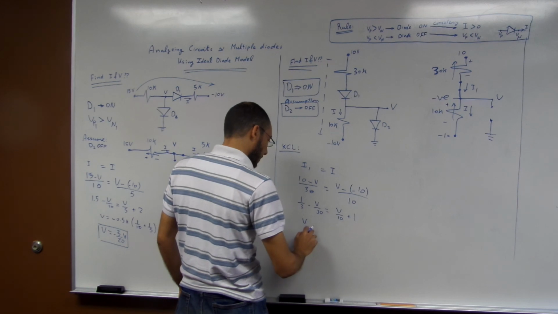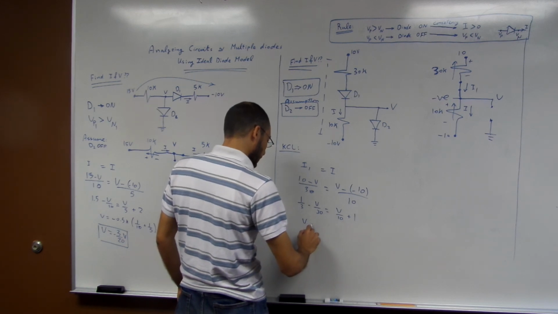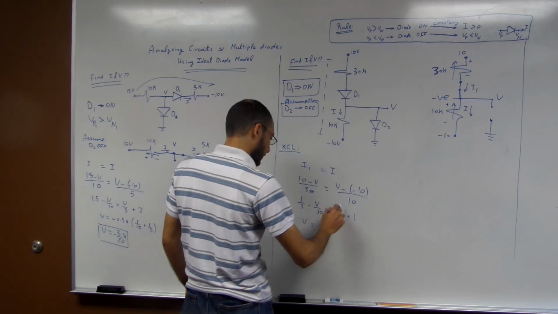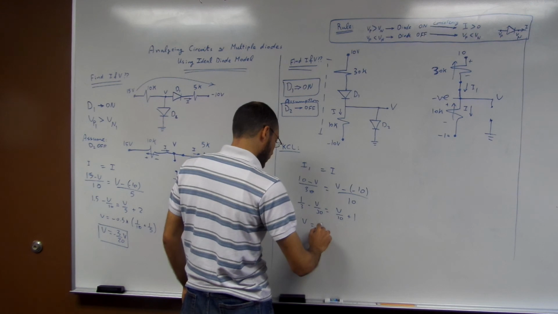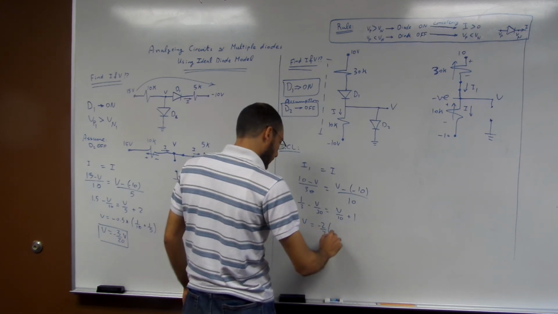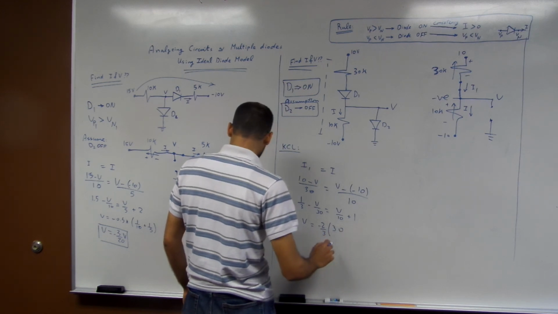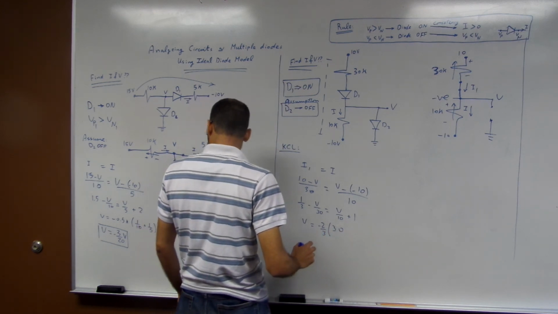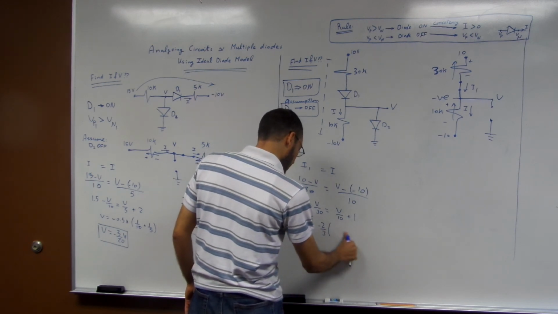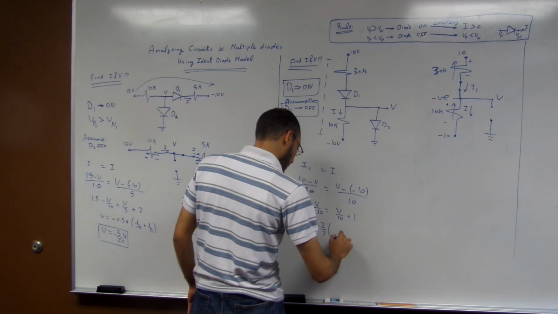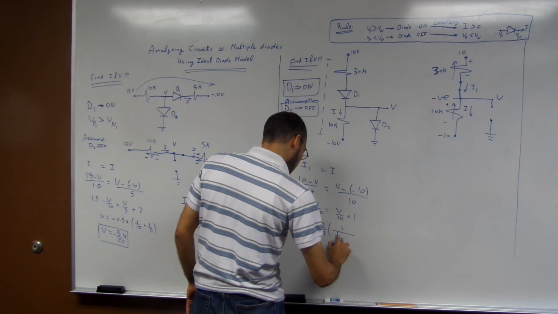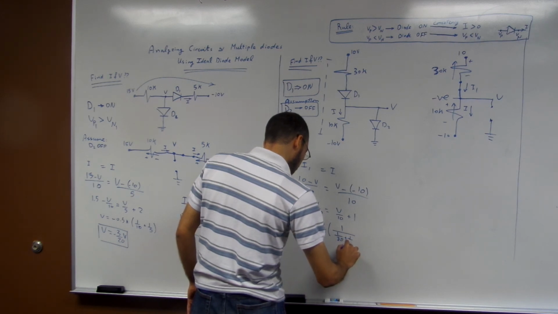So V is equal to 1 negative 2 over 3 multiplied by 3, 30, multiplied by 1 over 30 plus 1 over 10.